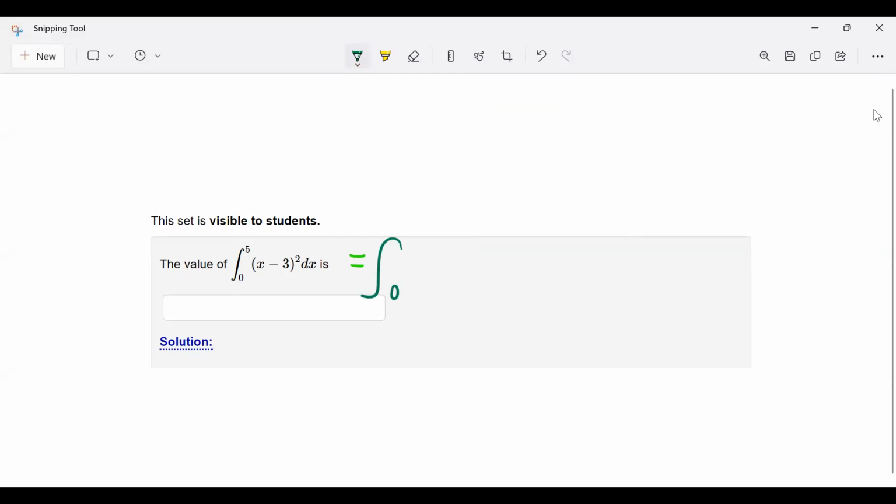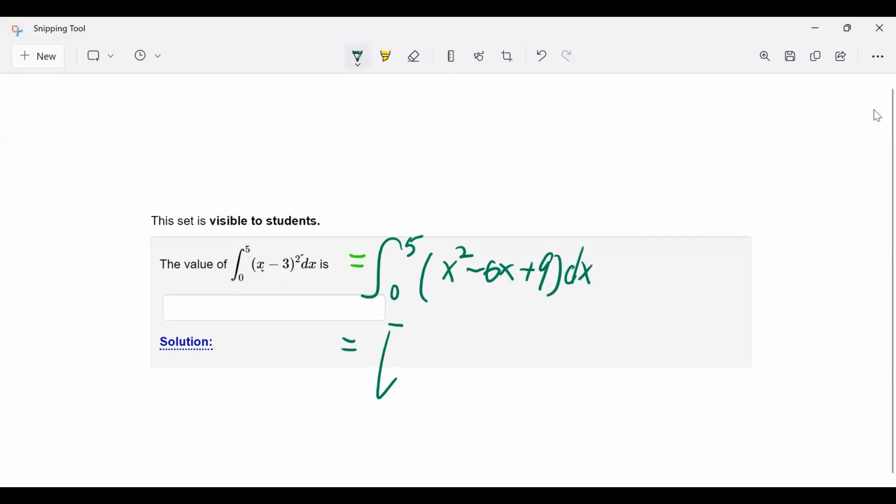Now when you expand this perfect square, first term is x squared. Our second term is 2 times negative 3 times x, which is negative 6x, and then 3 squared, that's 9, dx. All right, now basically we're going to find the antiderivative first using the power rule, right?